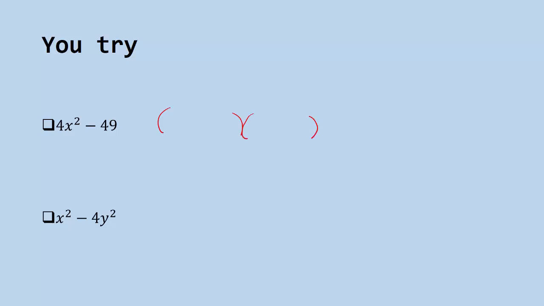The square root of 4x squared is simply 2x, so that goes in the front of the two parentheses. 49, that's a perfect square of 7 times 7, so we're going to put 7 and 7. And again, they have to have opposite signs, because when you multiplied them together, you ended up with a positive 14x and a negative 14x, and they would cancel each other out. So that is your answer to 4x squared minus 49 in factored form.